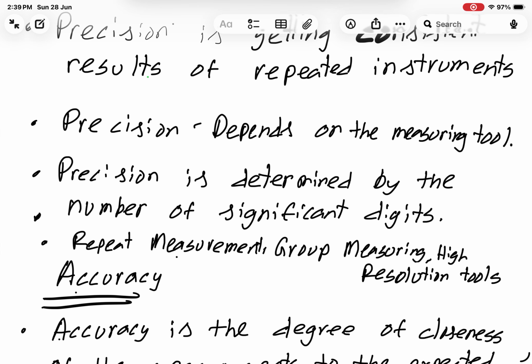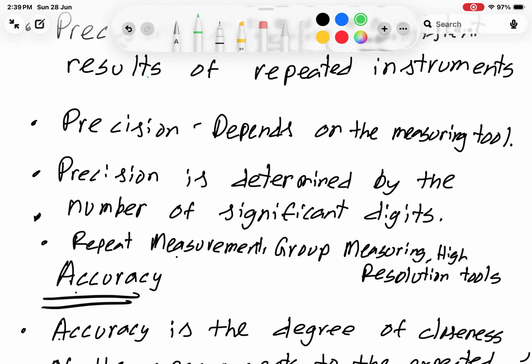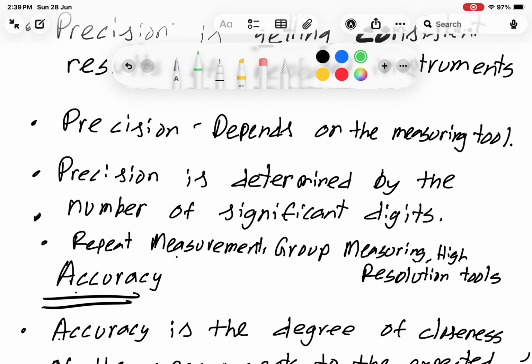Now, how do you get rid of them? We can get rid of them through repeat experiments, okay, so that the average value is more close to each other. Then we can use group measuring. Group measuring means, for example, if you want to find the height of a coin, you can measure the height of 10 coins and then divide it by 10 to find out the height of one coin.